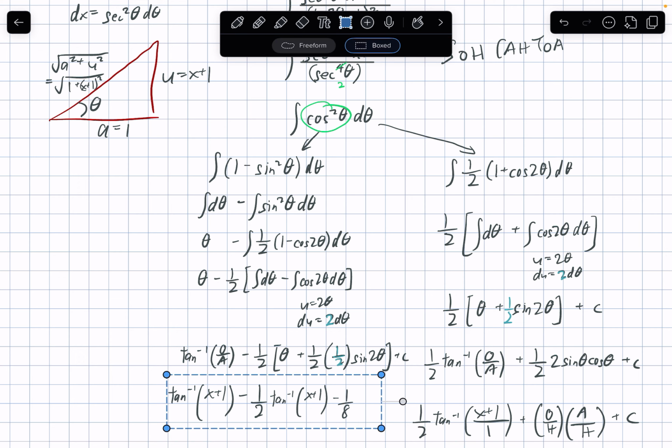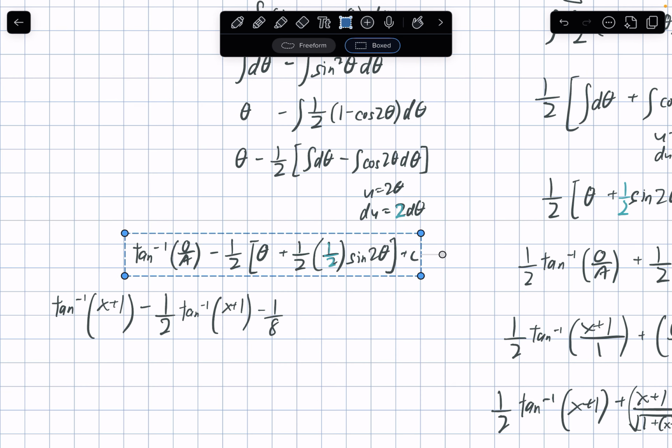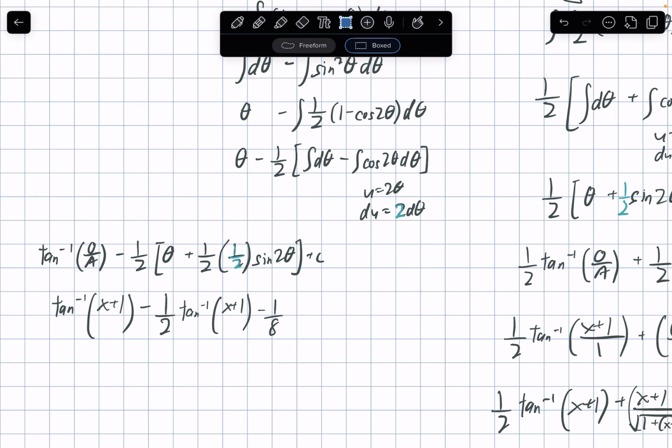Okay, let's just move it here so we have more space. We have sine 2 theta, right? So what did I say earlier? We can rewrite it as 2 sine theta cosine theta. So also, you can simplify this portion.